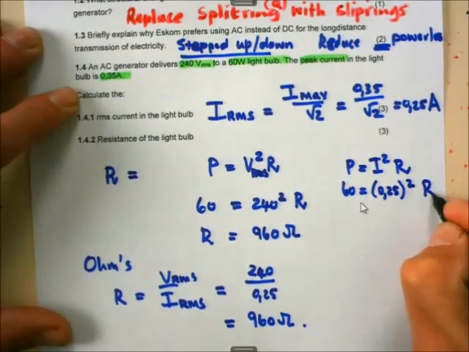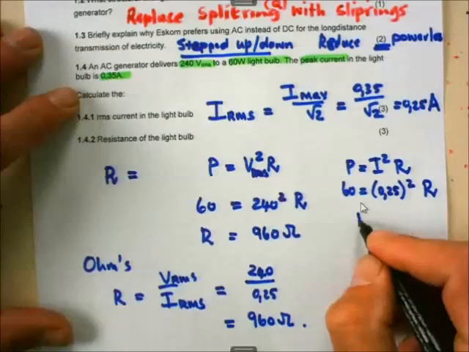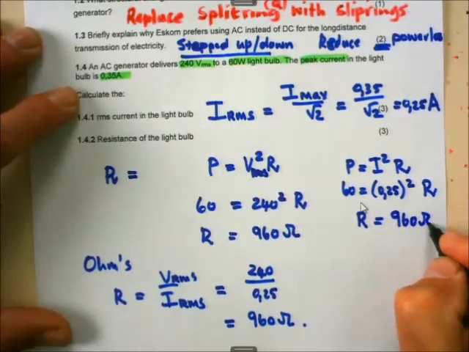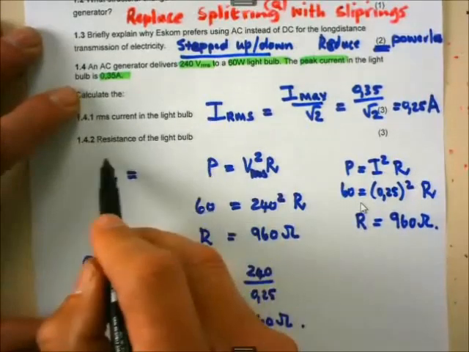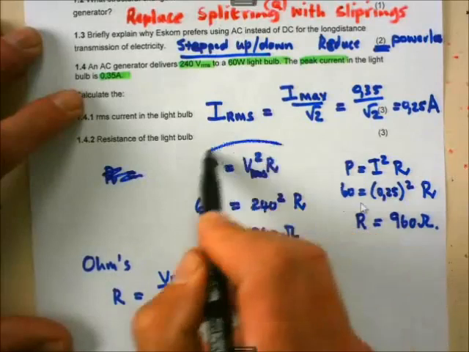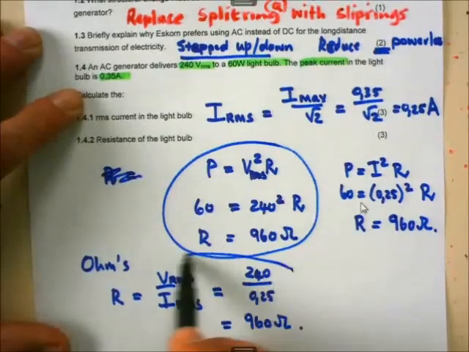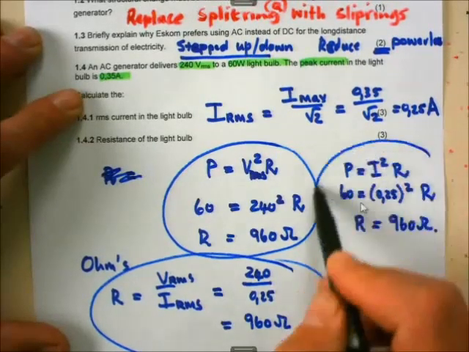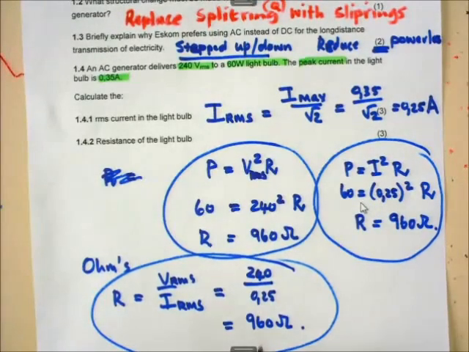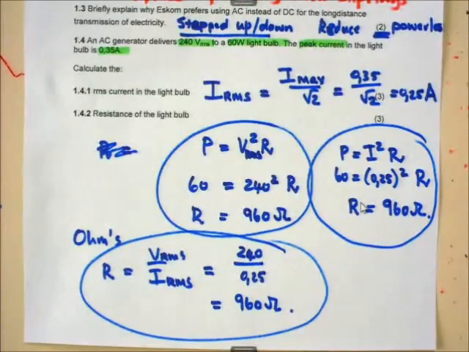And then I get R. So when I simplify it, you will get the very same 960 ohm. So you could have chosen any one of these three options to do the answer. There were actually three ways of coming up with that last question's answer.